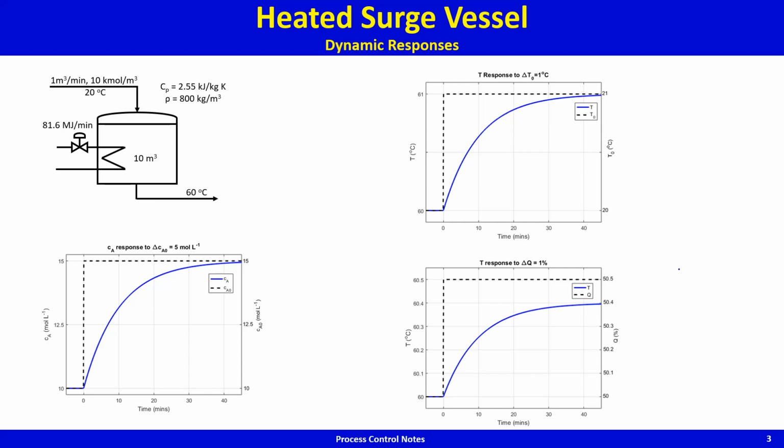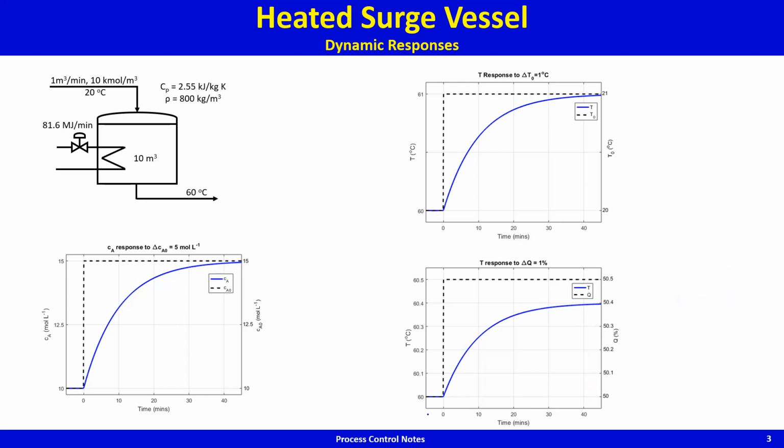So the gain K is actually 0.4. And again, for the time constant, the total change is 0.4, and you travel about 2/3 of the total change in one time constant.